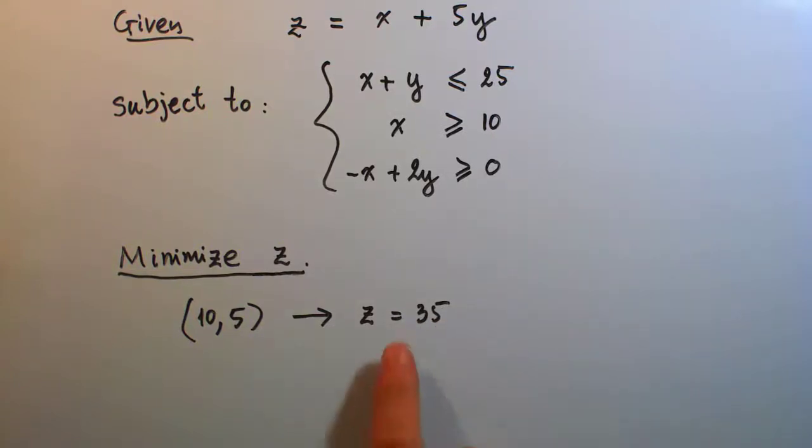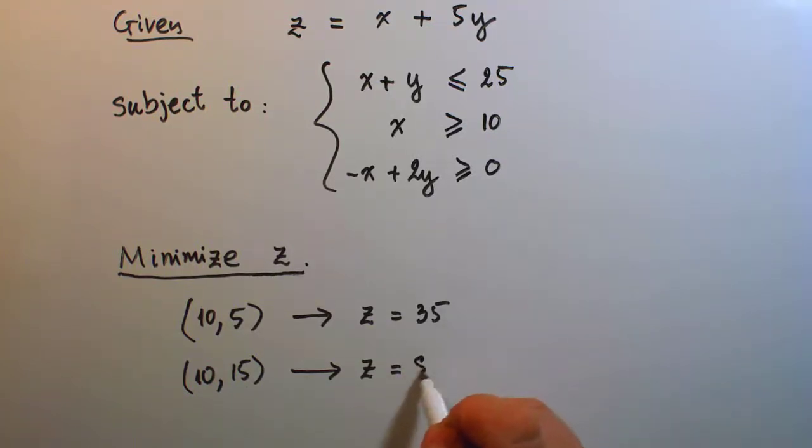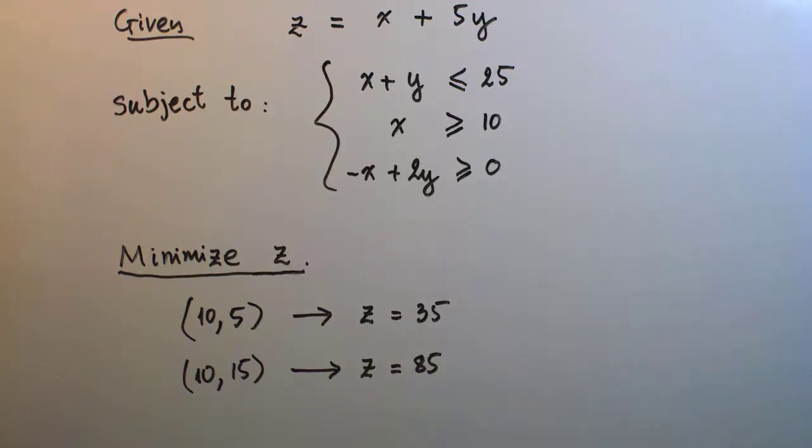And we have seen all of these calculations in the earlier part of the video. Another corner point was at 10 comma 15, coming out with z equals 85 as the output value.